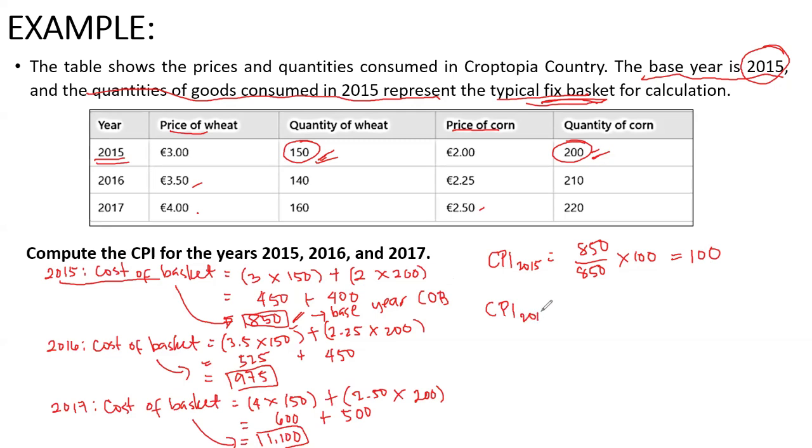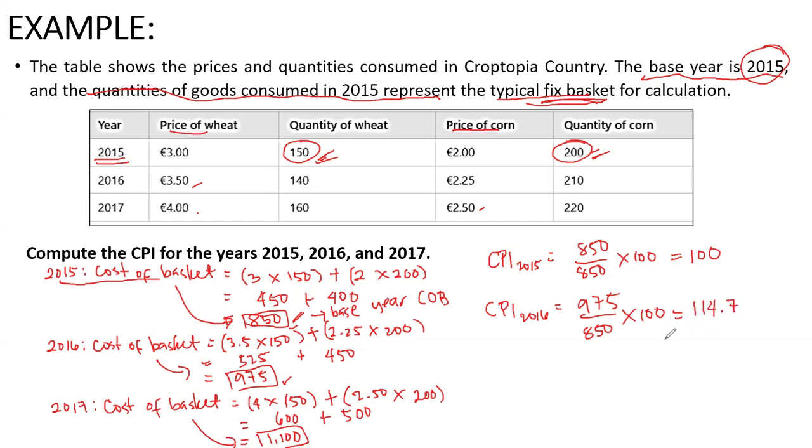Next, for the CPI in 2016, the cost of basket in 2016 is 975, divided by 850 times 100, because 850 is our base year cost of basket. So 975 divided by 850 times 100 is 114.7.